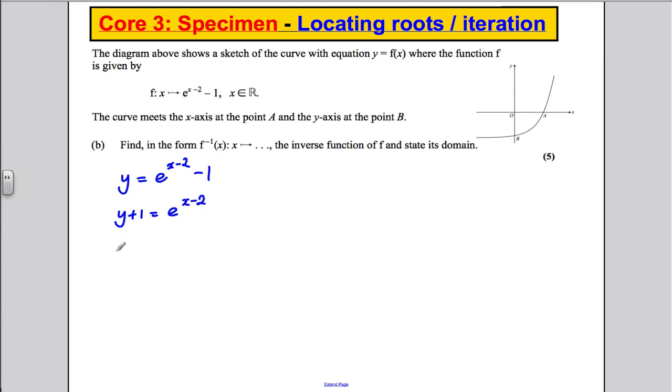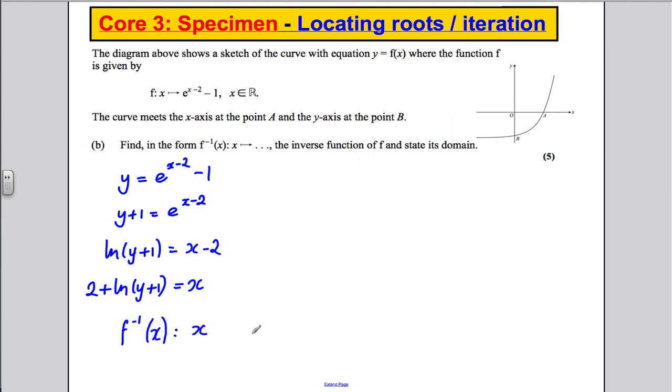Take lns of both sides and bring down the x minus 2 power. So ln of y plus 1 therefore must be equal to x subtract 2. And therefore x must be 2 plus ln y plus 1. Rewriting it in this form, f to the minus 1 of x therefore takes x and it brings it to 2 plus ln of x plus 1.